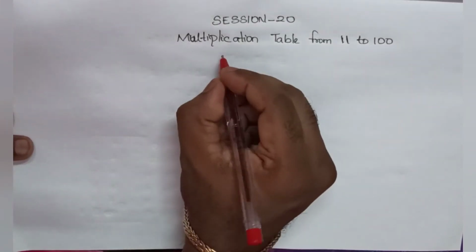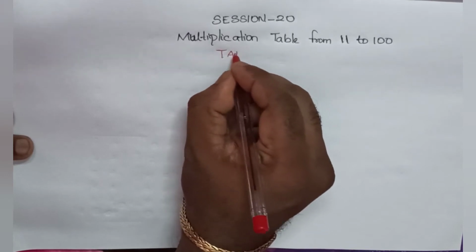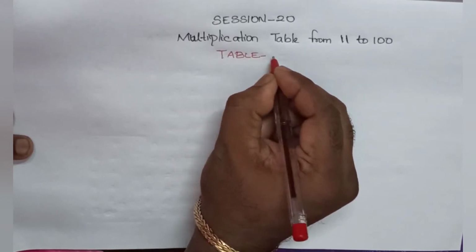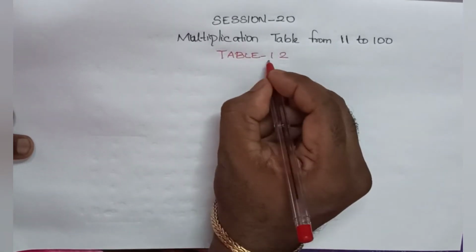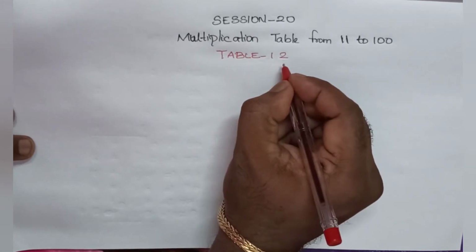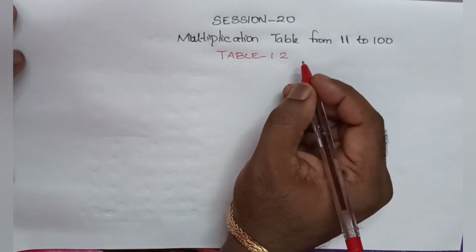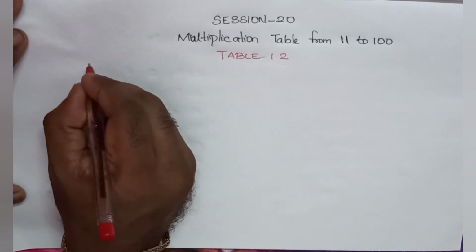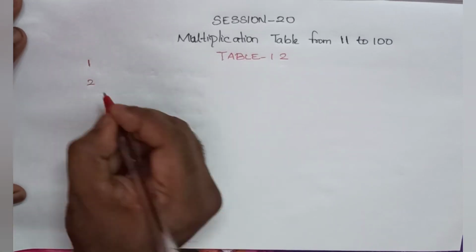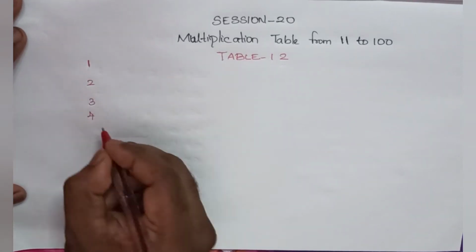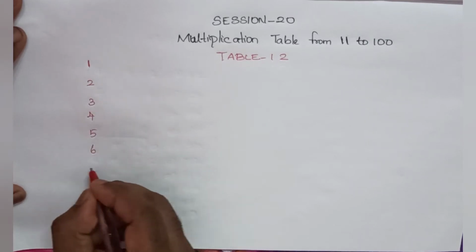Let me show the table 12 now. For table 12 you have to write one table and then two table, then join both tables. So table 1: 1, 2, 3, 4, 5, 6, 7, 8, 9, 10.